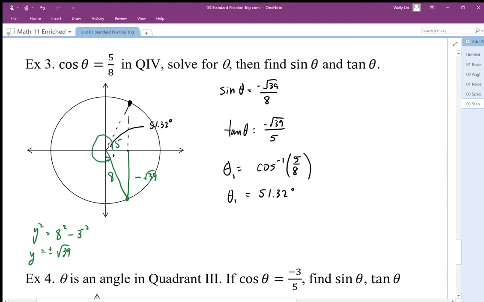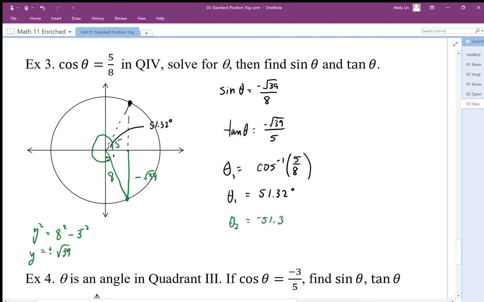Now my calculator is not going to give this, but remember that there are two possibilities I have to consider. The first one doesn't work. I know the quadrant, so it must be the other one. So this is where I'm only going to give one solution because the quadrant is known. The specific location between these two is known. So theta 2, I can go negative 51.32 degrees. That might be the easiest one to do.